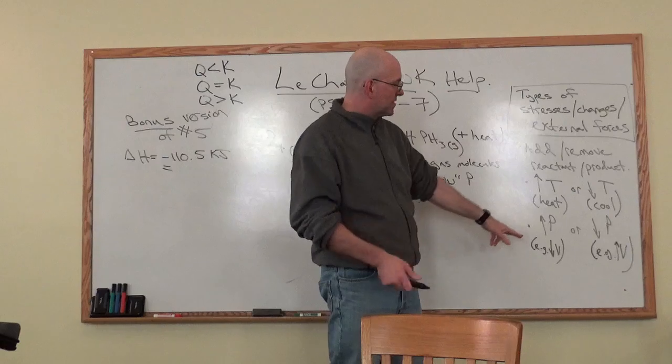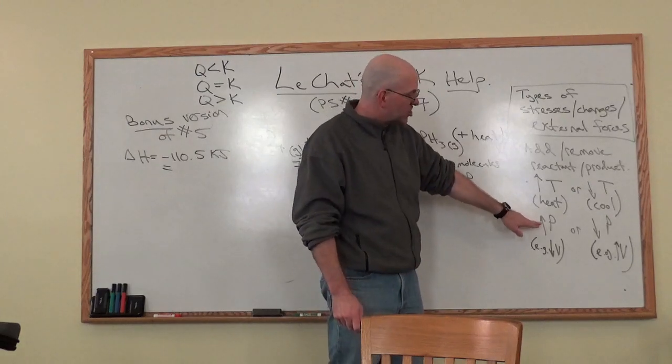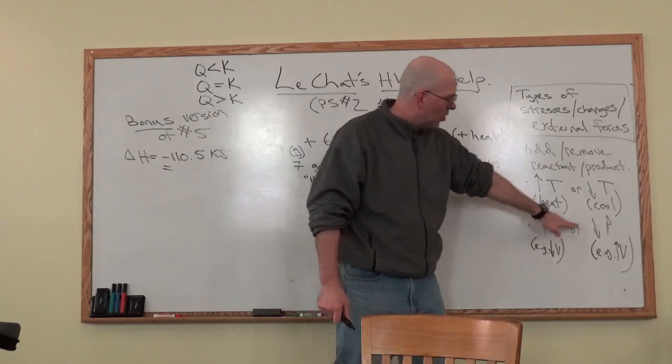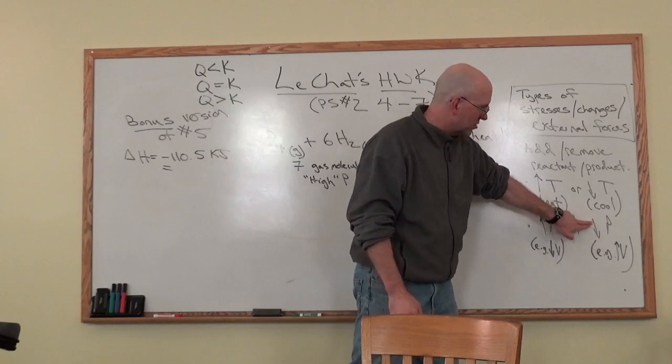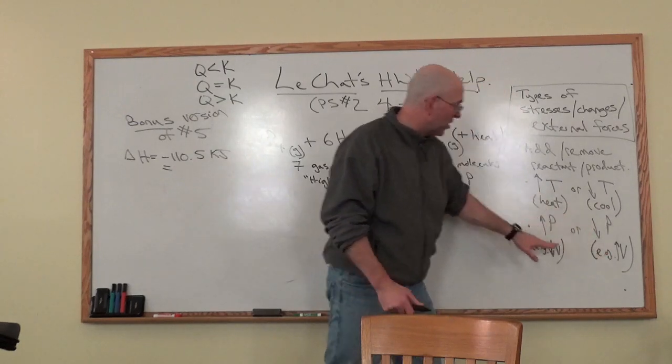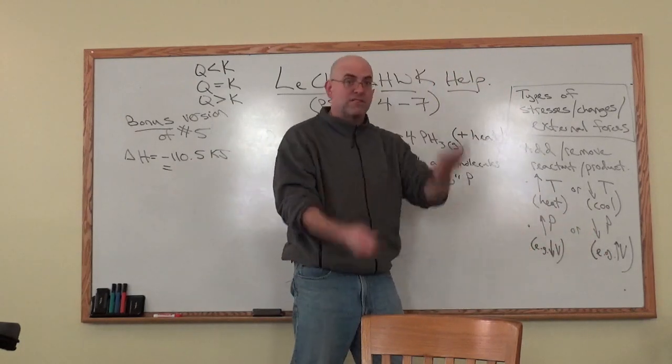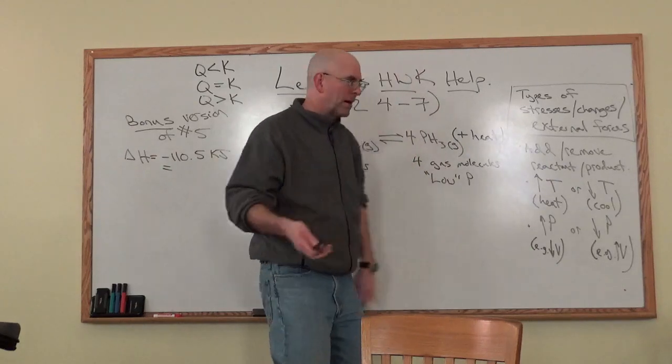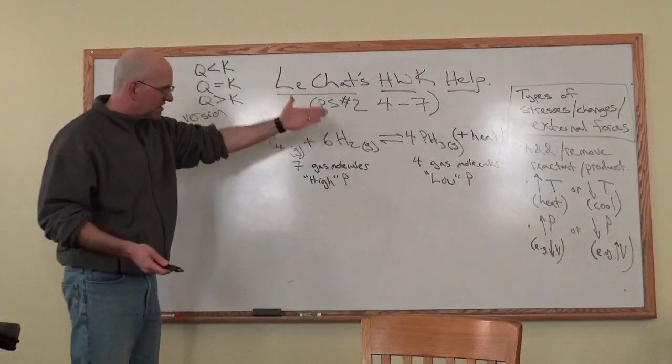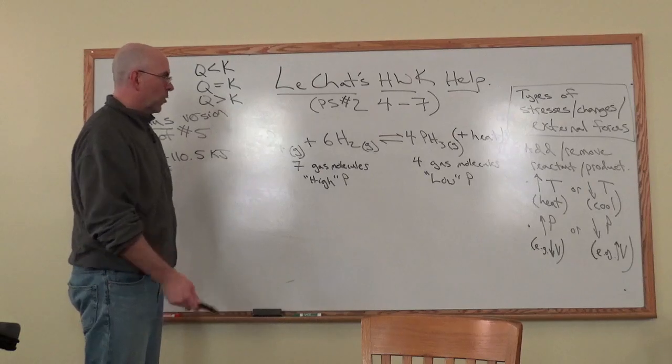That's fine. But the bottom line is, what does changing the pressure either up or down do? Again, you change the pressure down by increasing the volume, you increase the pressure by decreasing the volume, that's a gas law thing, don't worry about that. Well, what's that going to do to this equilibrium?